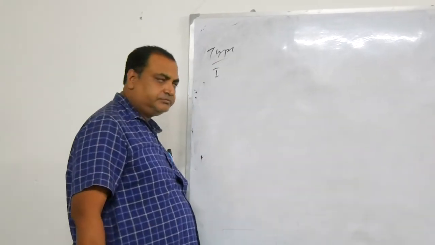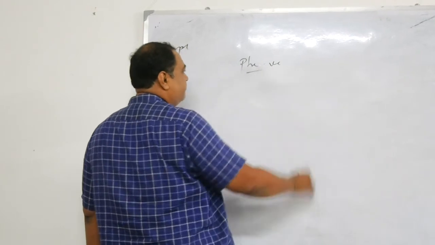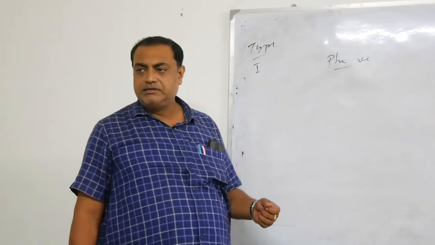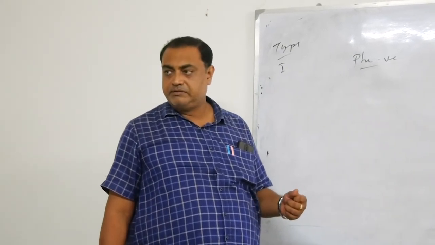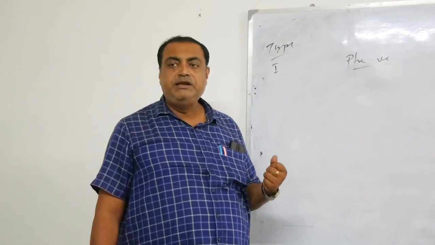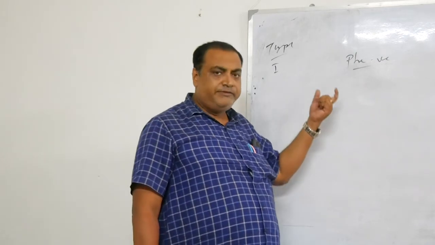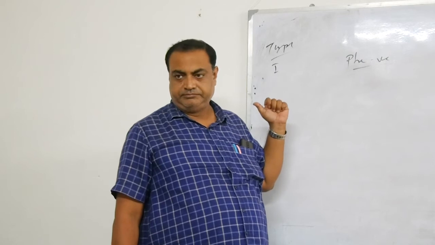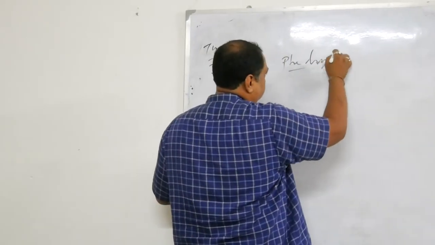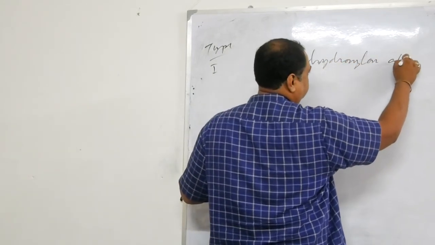Type 1: the phenylalanine hydroxylase enzyme itself is absent. It may be absent completely, or reduced in production. Whichever case, severity may vary, but it will be type 1.